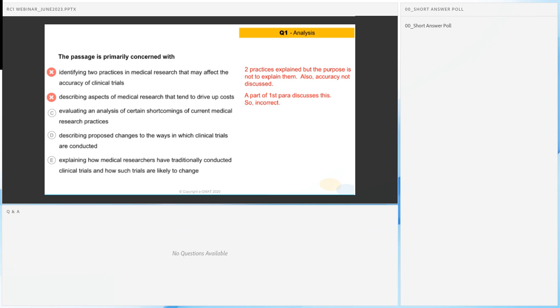Evaluating something, an analysis of certain shortcomings of medical research practices. Does the author present the pros and cons of any analysis?